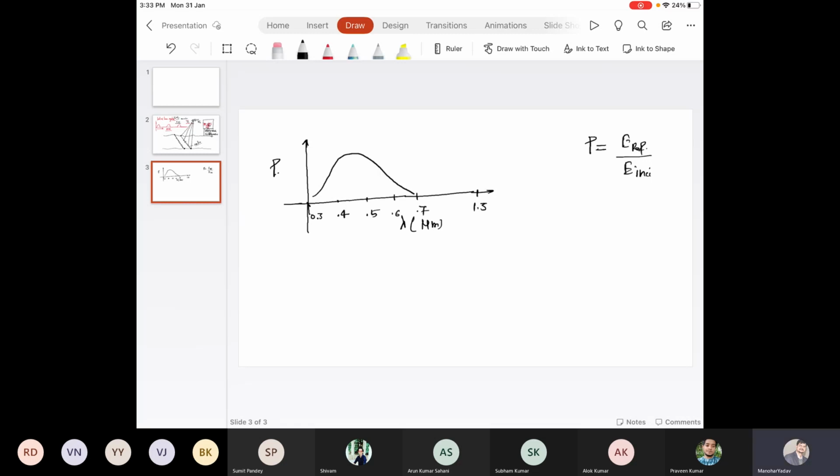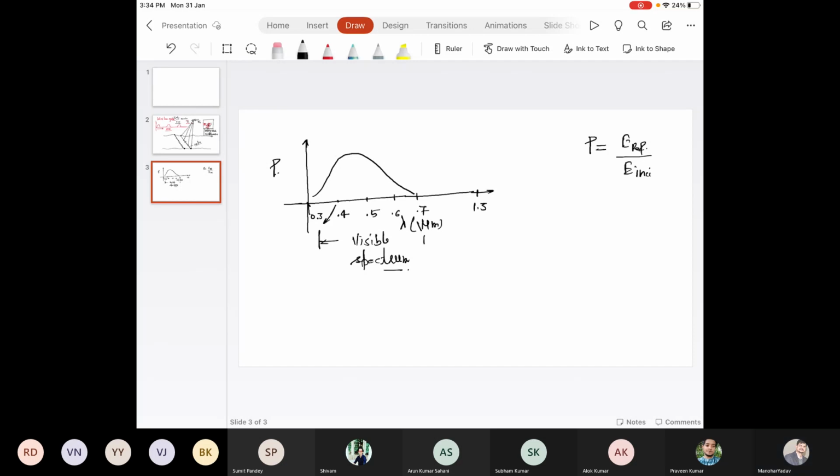Till 0.7, I'm just confining within the visible spectrum, where eyes can see the object, that is 0.4 to 0.7 micrometer.